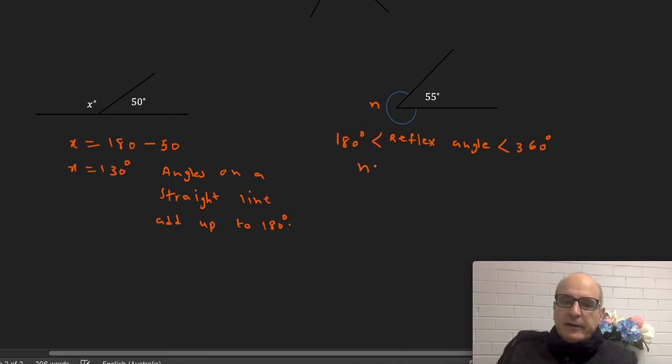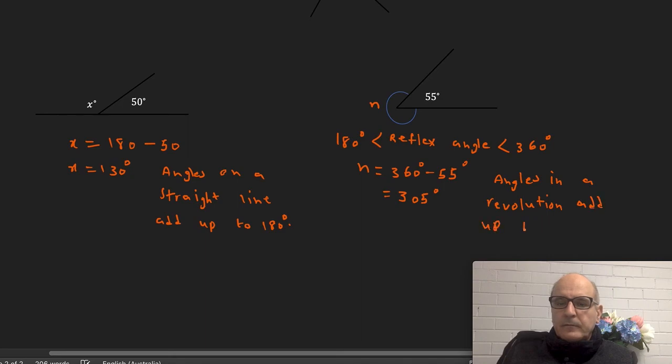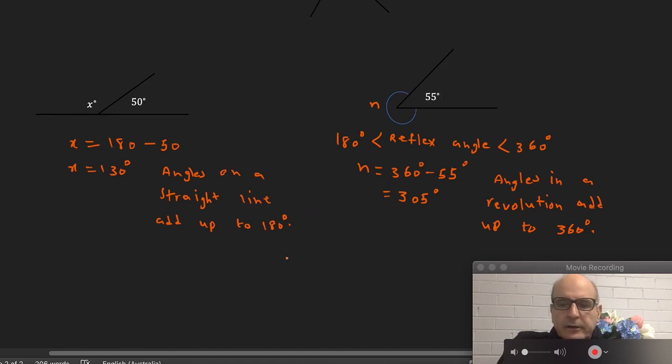So then N is 360 take away 55, that gives us 305 degrees. Again, what's the reason? Angles in a revolution add up to 360 degrees. Okay, so the whole thing is 360, take away 55, gives me the angle.